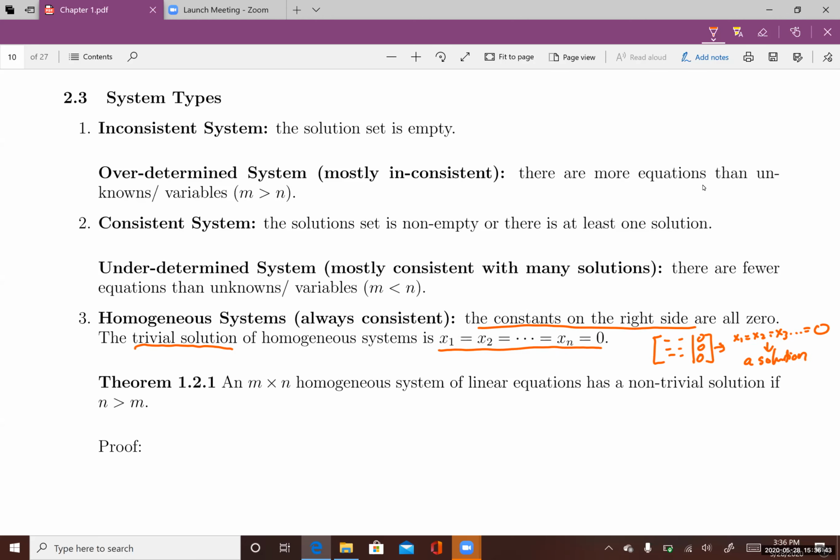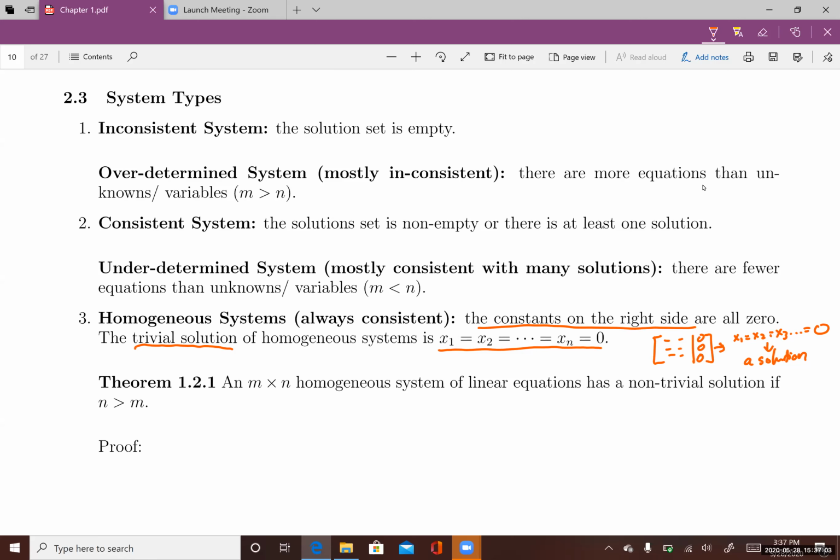Okay, again, a homogeneous system is always consistent, with at least one solution, and its constant column, or the constant matrix here, is a zero column.